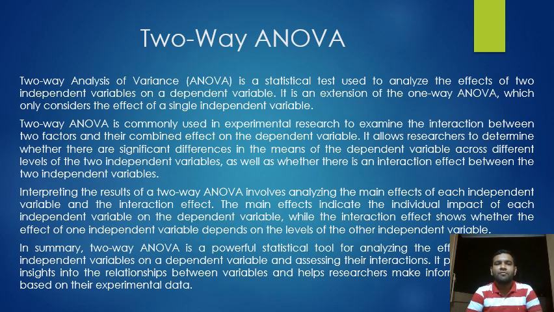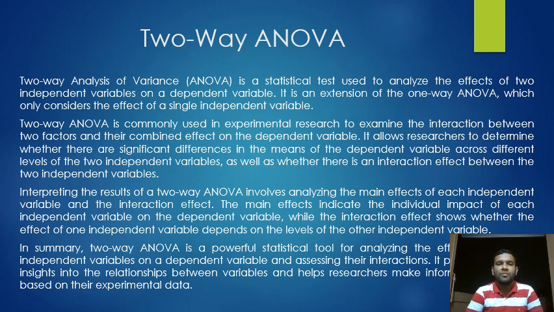Two-way analysis of variance, or ANOVA, is a statistical test used to analyze the effects of two independent variables on a dependent variable. It is an extension of the one-way ANOVA, which only considers the effect of a single independent variable.